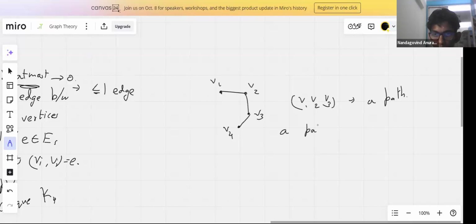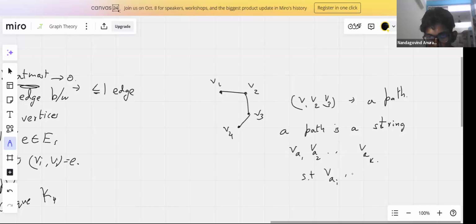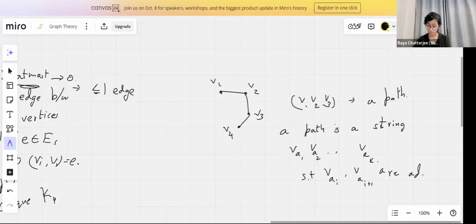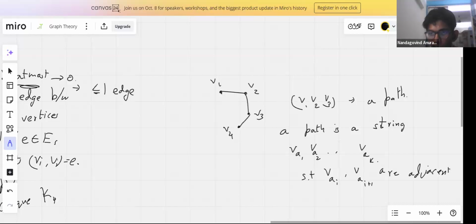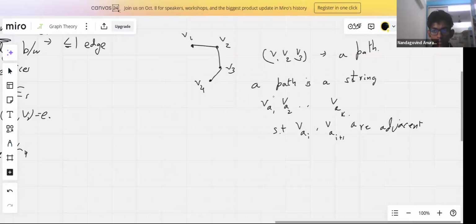A path is a string VA1, VA2, dot, dot, dot, VAK such that VAI and VAI plus 1 are adjacent. Exactly. This is condition 1. And condition 2 is AI not equal to AJ for all I not equal to J.